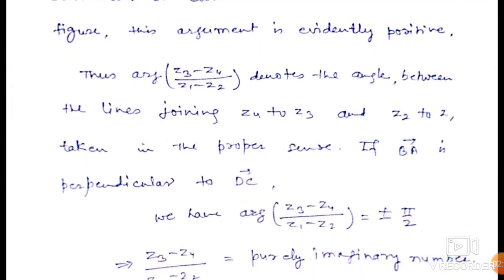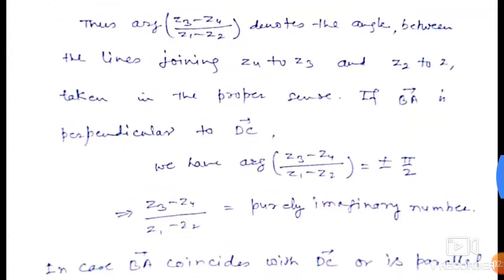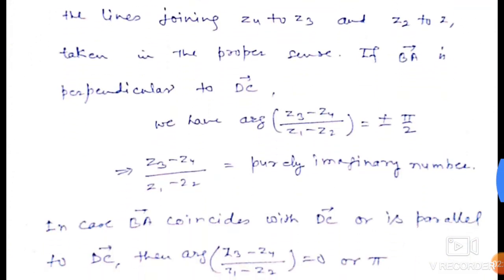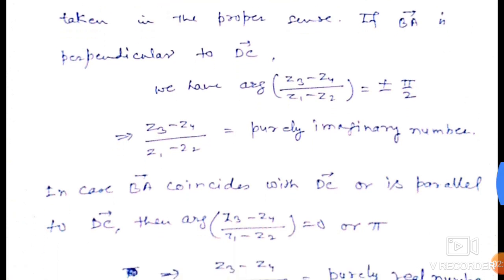Thus, argument of Z3 minus Z4 over Z1 minus Z2 denotes the angle between the lines joining Z4 to Z3 and Z2 to Z1, taken in the proper sense.